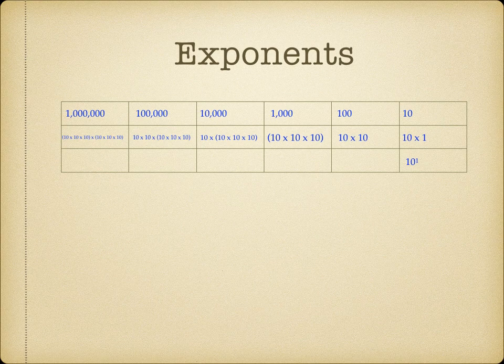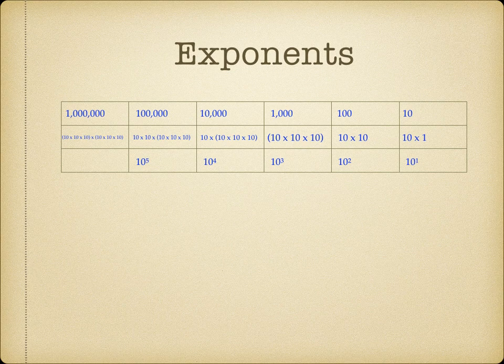So we have 10 times 1 would be 10 to the first power. 10 times 10 would be 10 to the second power, because we have 2 10s as our factor. 1,000, or 10 times 10 times 10, would be 10 to the third power. 10,000, or 10 times 10 times 10 times 10, would be 10 to the fourth power. 100,000, or 10 times 10 times 10 times 10 times 10, would be 10 to the fifth power.